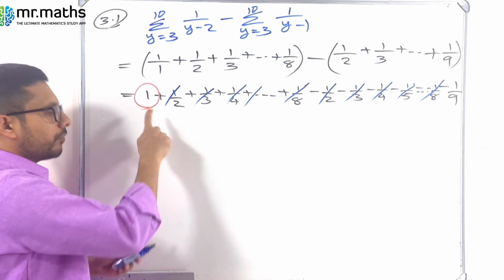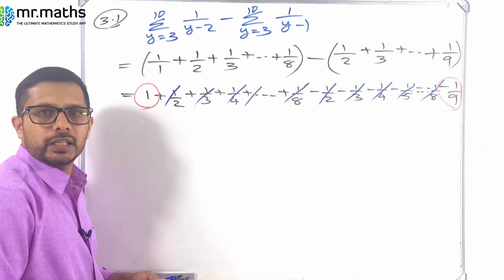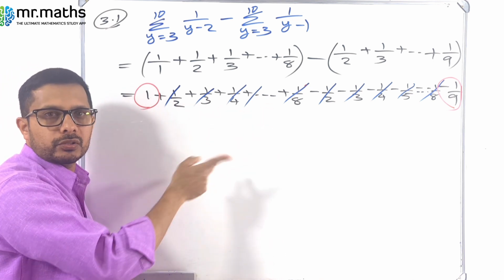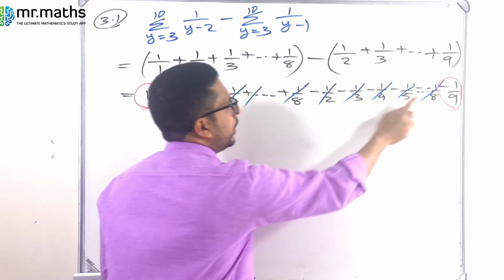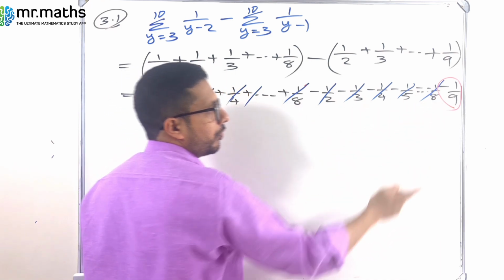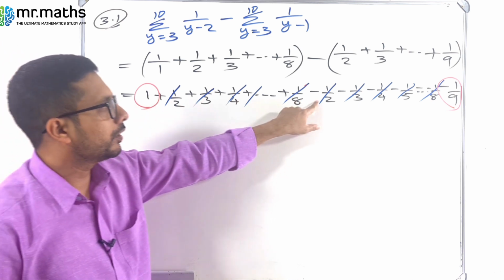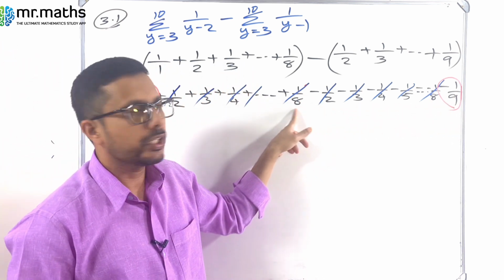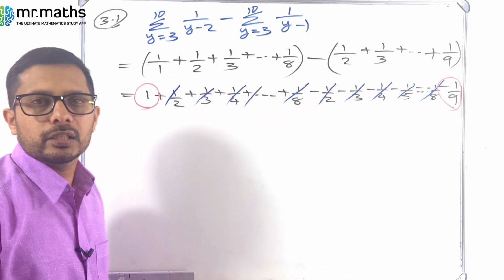This 1 is there and the last term, minus 1 over 9. All the other terms, plus and minus, you can cancel. But for this 1 there is no minus 1 here, and for this minus 1 over 9 there is no plus 1 over 9 here. So these two we can't cancel, there is no pair.